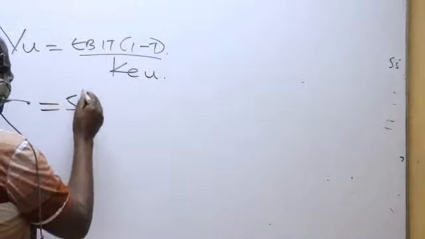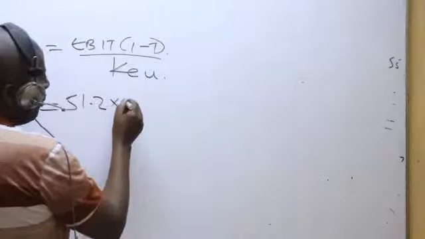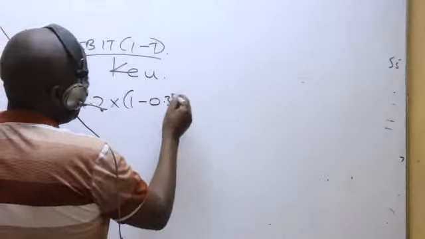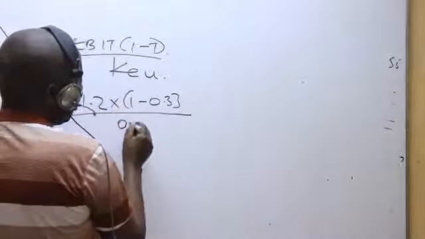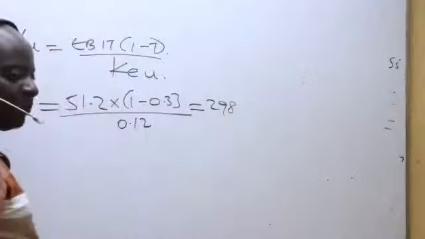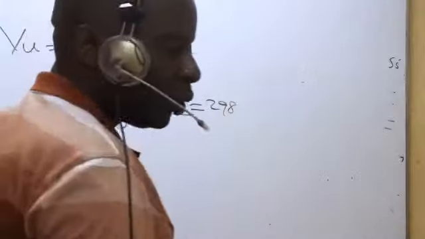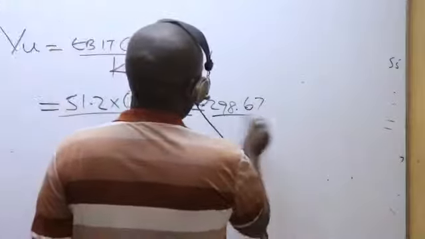EBIT is not changing, it's 51.2, we got it up there. 1 minus tax, tax is 30%. The cost of equity of unlevered firm, we got it up there, it was 0.12. So could you kindly confirm that this will give us 298 point what? 298.67. Thank you very much.